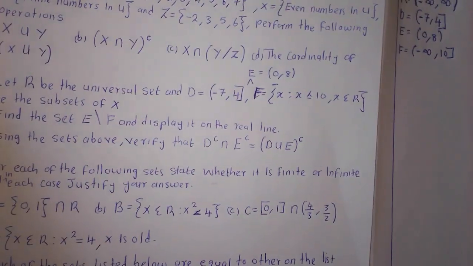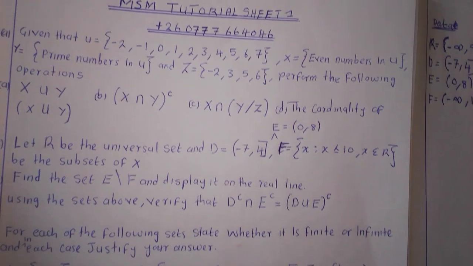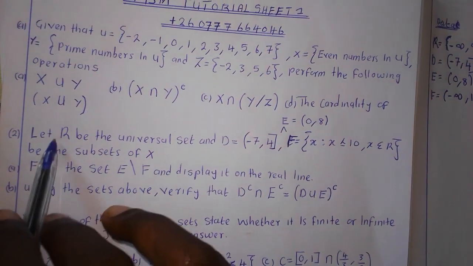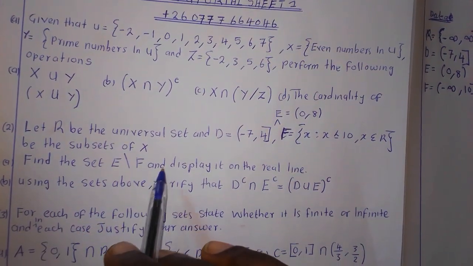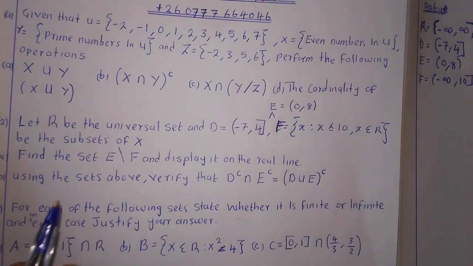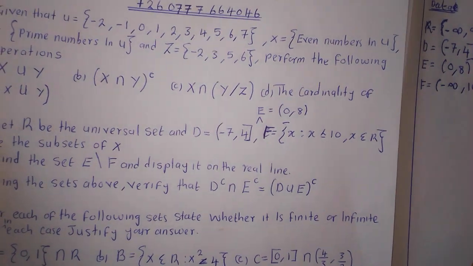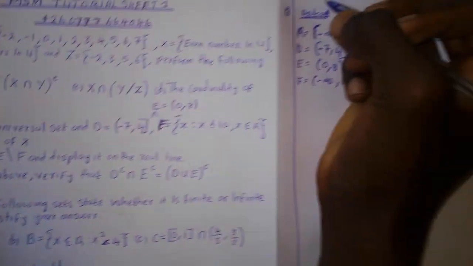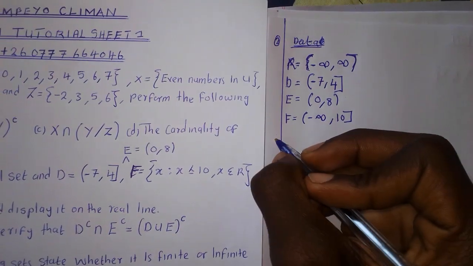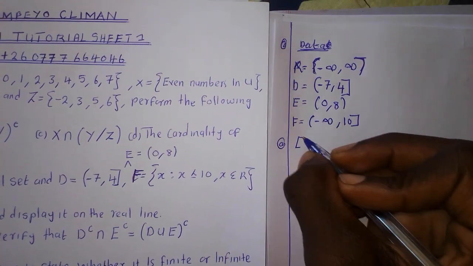Now the question is simply saying, find the set E/F and display it on the real line. Now they want us to find, okay, so this is question 2. They want us to find E/F.